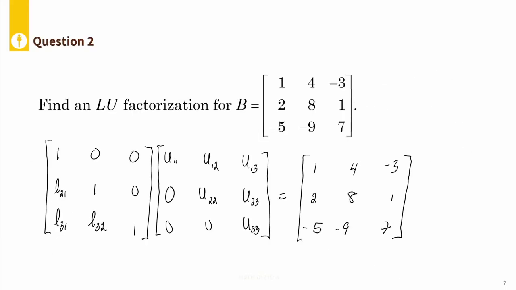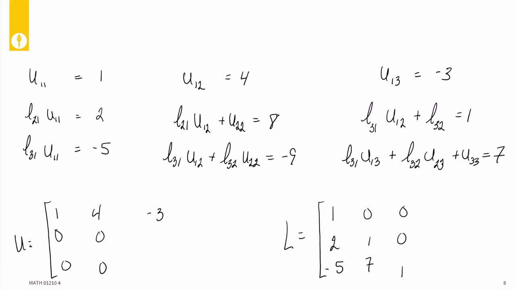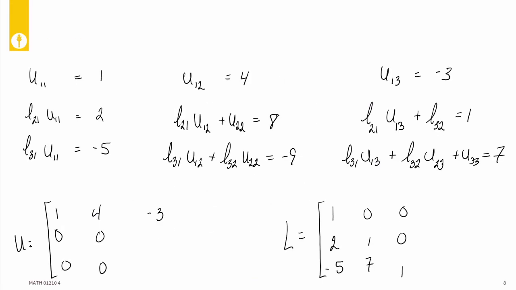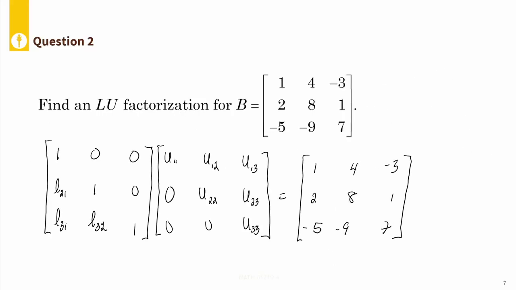Yeah, so L21 U13 plus L32 U22. Right, because it's going to be second row, third column.